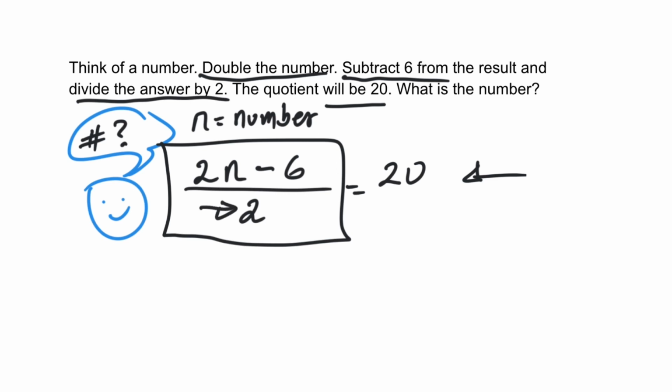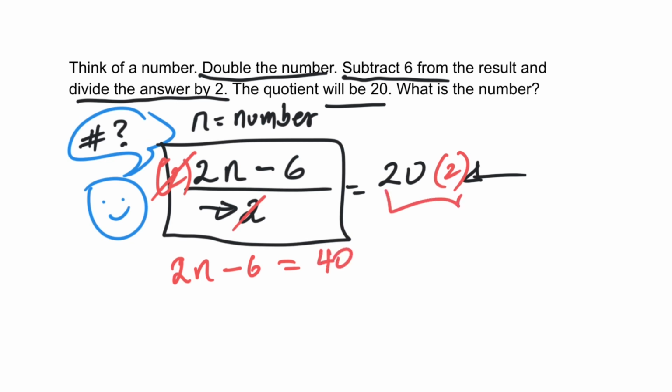For that, I'm just going to multiply by 2. So I multiply by 2 here, and I multiply by 2 here. So my new equation is going to look a lot nicer. This cancels this. So on the left, I have 2n minus 6 equals, what is 20 times 2?